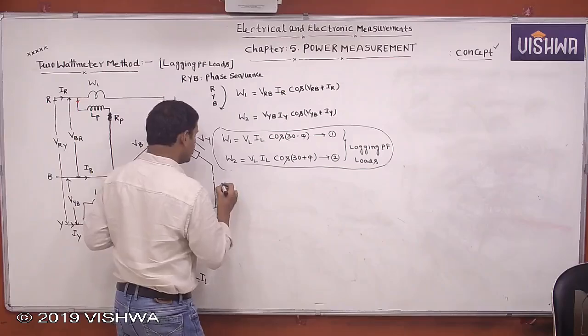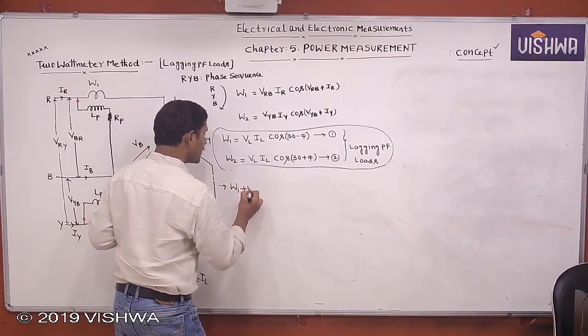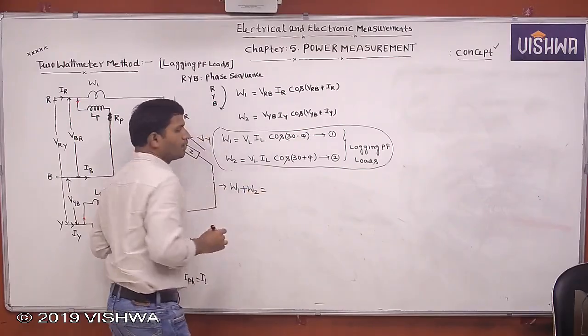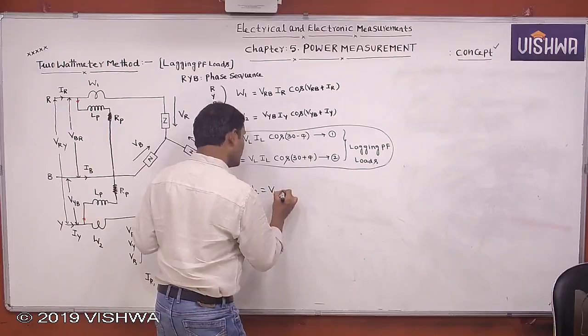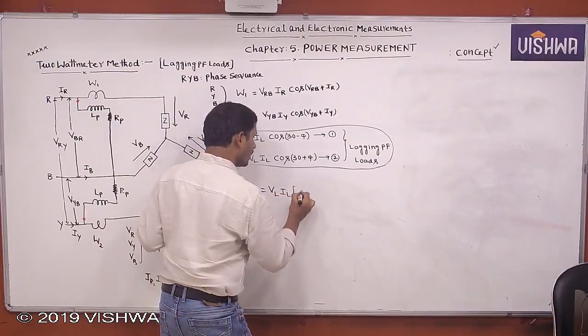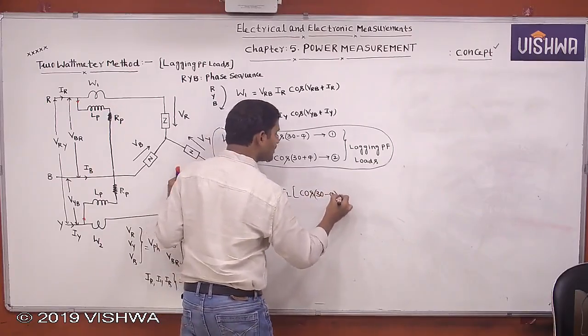Now we calculate W1 plus W2. Do this calculation. W1 plus W2: VL IL is common, cos(30 − φ) plus cos(30 + φ).